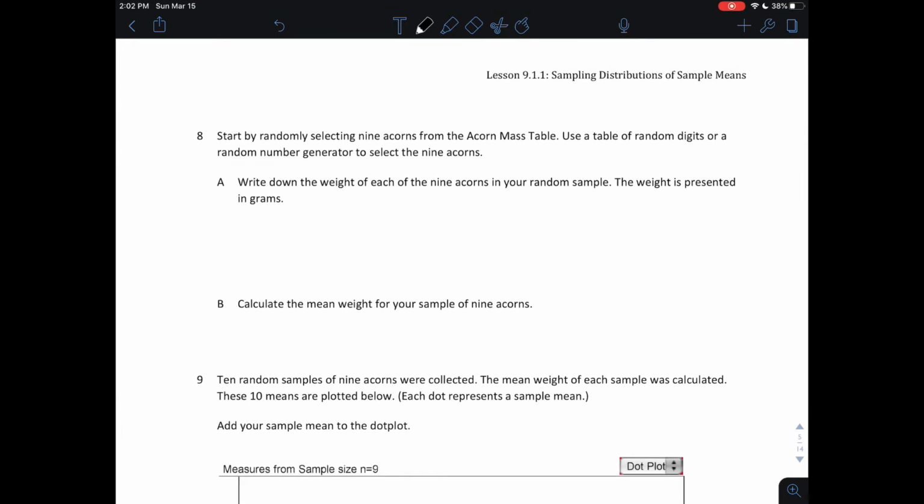Number 8, start by randomly selecting 9 acorns in the acorn mass table. Use a table of random digits or a random number generator to select the 9 acorns. So what I'm going to use is a website called random.org.